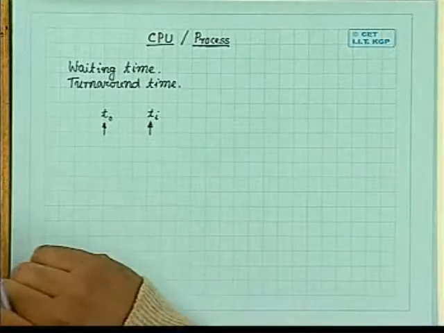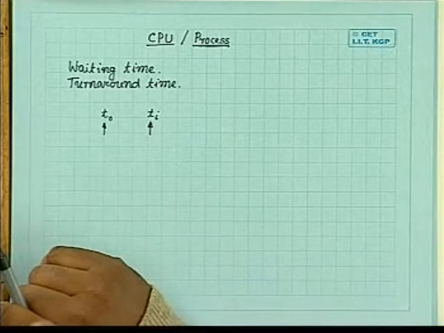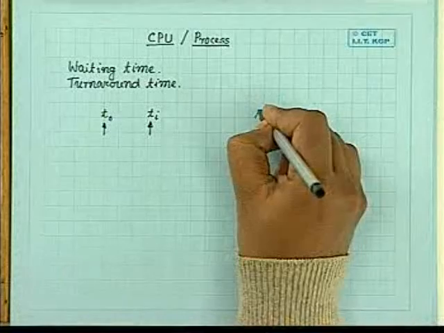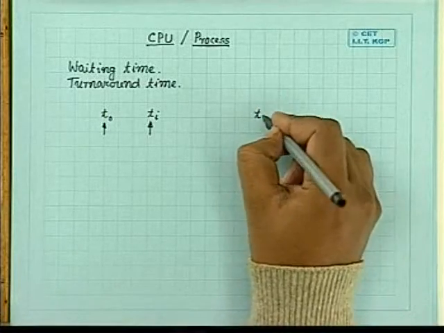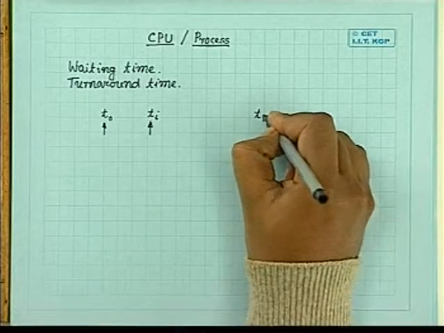Okay. So, at time instant Ti, the CPU starts execution of my program. It will take some time to complete execution, and after completion of the execution, the CPU will give me the output. So, maybe at time, say, Tp, the CPU gives me the output.